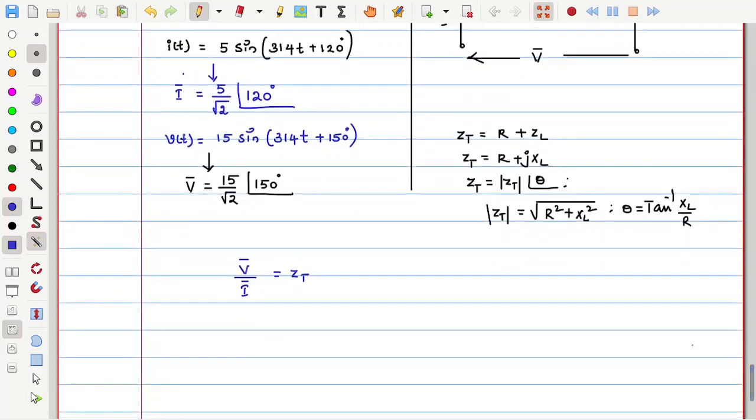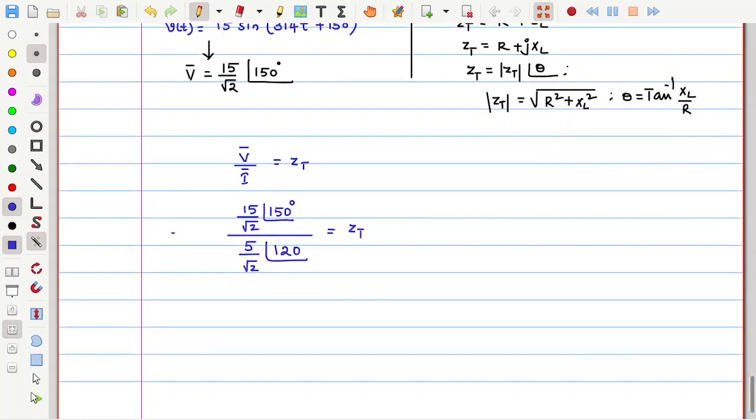And how much is V? 15 by root 2 at an angle of 150. How much is I? 5 by root 2 at an angle of 120. That is equal to what? ZT.